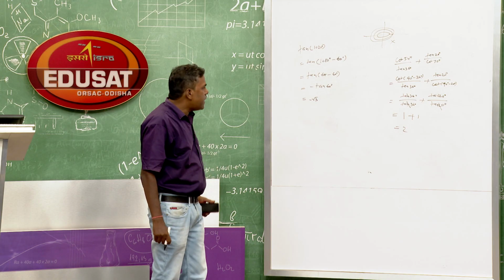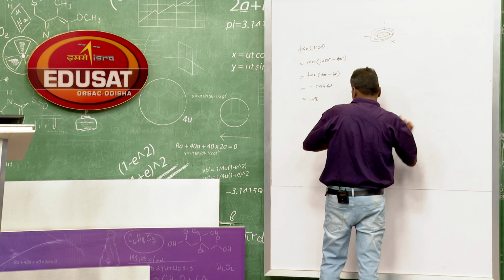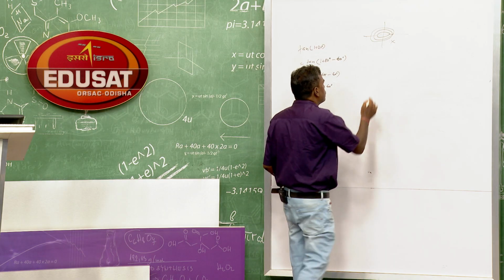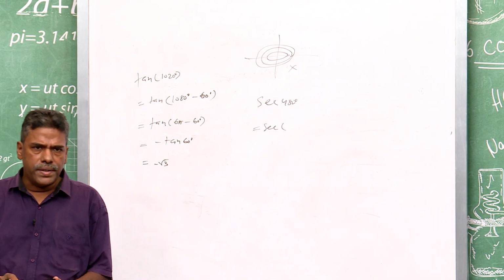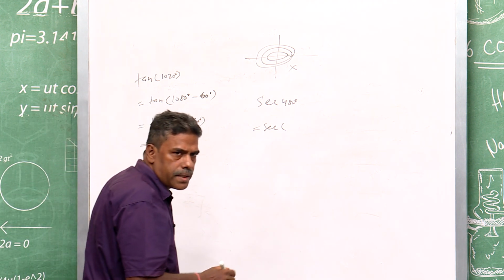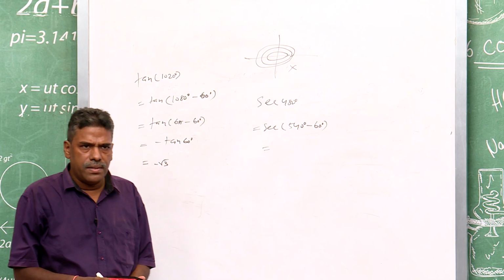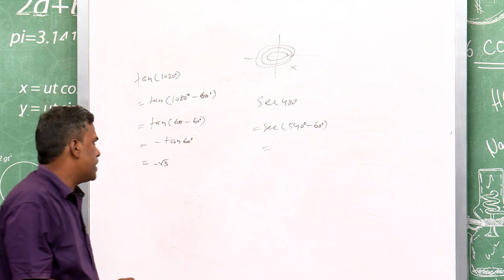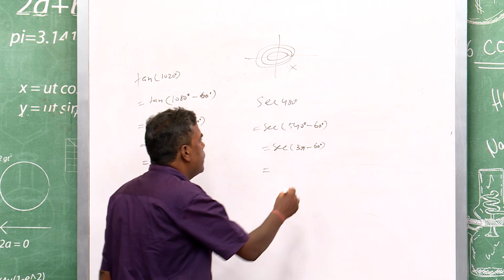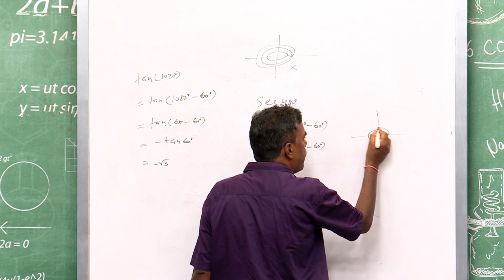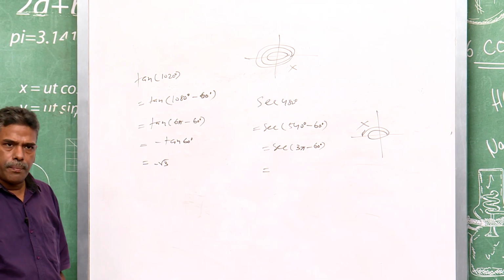Then sec 480°, that is sec(540° − 60°), where 540° means 3π, so sec(3π − 60°). Now 3π − θ is in quadrant 2, where sine and cosec are positive, others are negative.